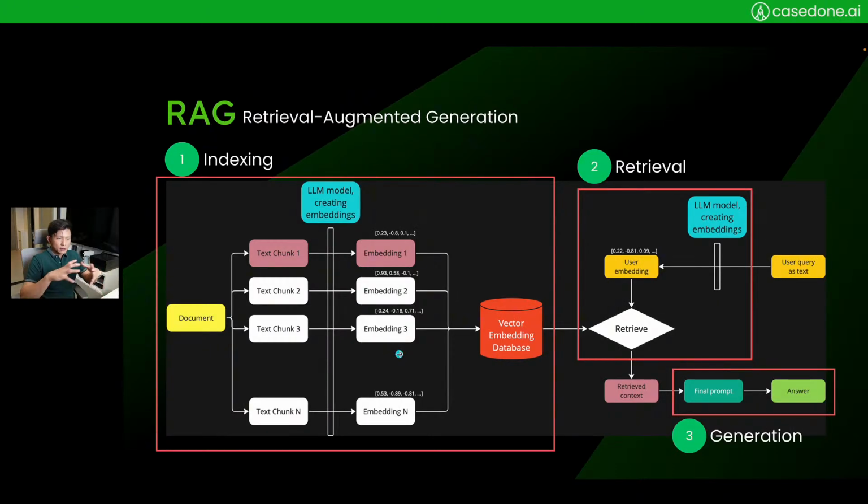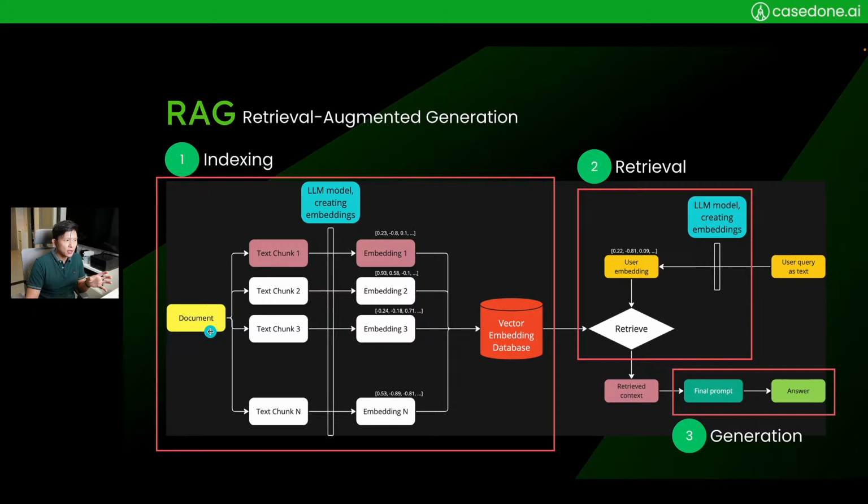In the RAG territory, there are 3 steps that you go through. Let me walk you through all these important steps. The first one is the indexing step. It means that you are creating something that is ready for the model to use. Basically, you start with a document. A document can be anything like a text file, a PDF, a PowerPoint, a Google Doc or Word, whatever it is.